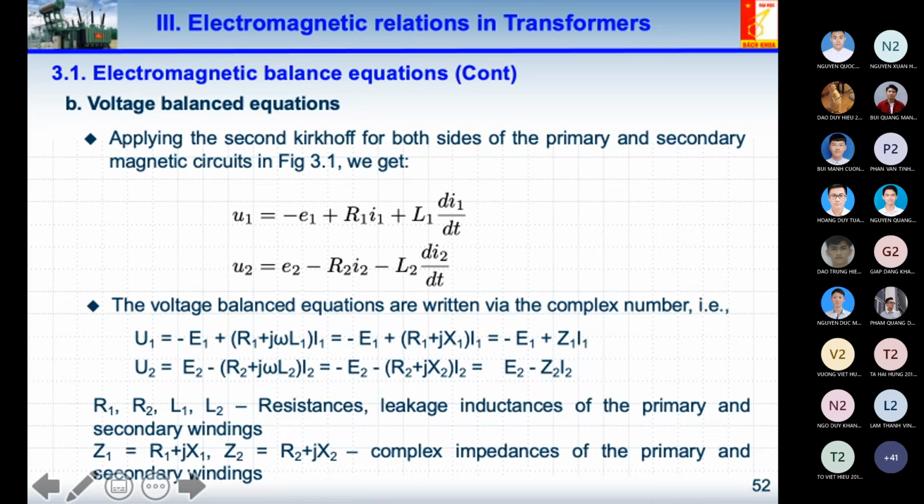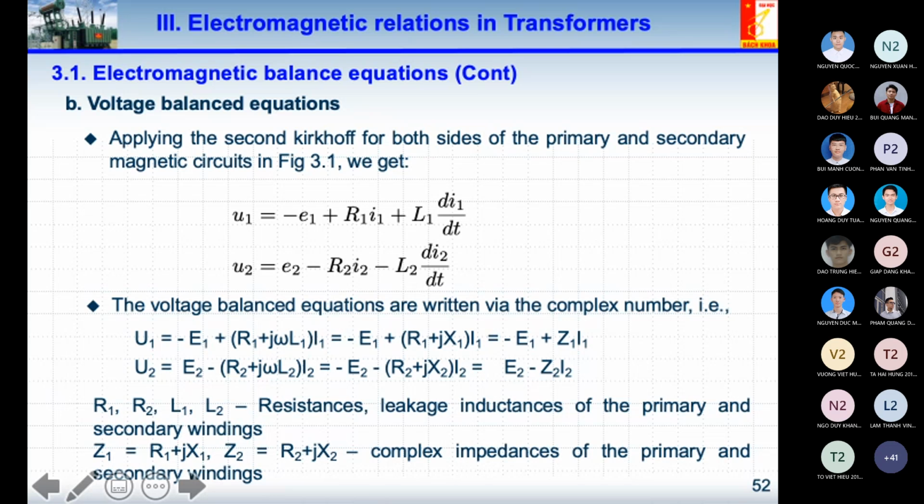And here is the current balance equation with I2 prime, the reference current from the secondary winding to the primary winding. We can discuss this concept of the reference current in detail in the next slide.